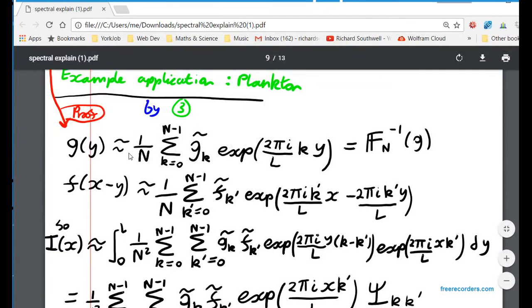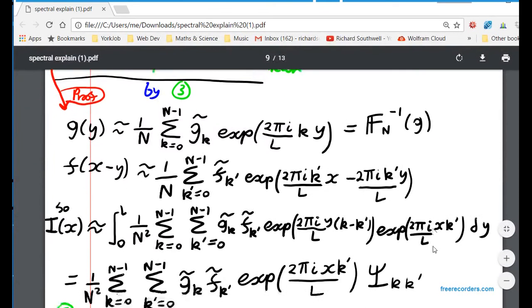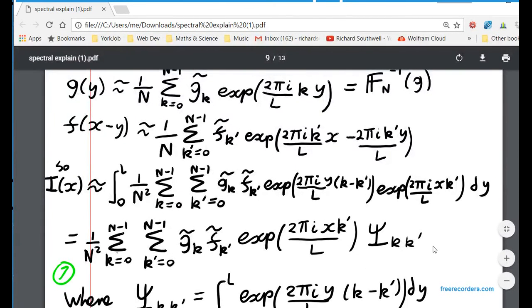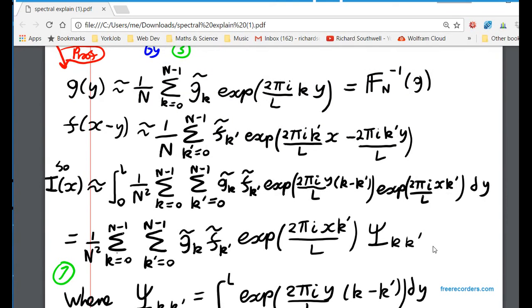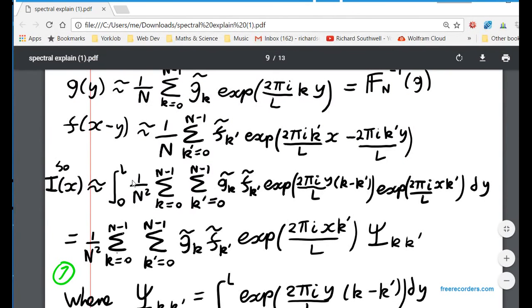When I'm writing f, I'm summing over wave numbers that I'm calling k dash. That's so that when I do these substitutions, I can see that I'm summing over different wave numbers with different names. So we've got a sum over k and a sum over k dash and an integral from 0 to L.